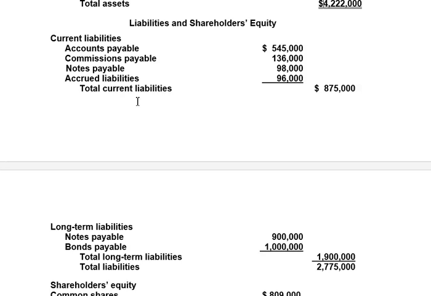And then accrued liabilities are those liabilities that aren't going to be paid till a later date. You remember in your previous courses you would set up adjusting entries for liabilities and expenses, such as a debit to salaries expense and a credit to salaries payable. Well, that salaries payable is an accrued liability. It will be paid at a later date, but you've made an accrual or an adjusting entry for it.